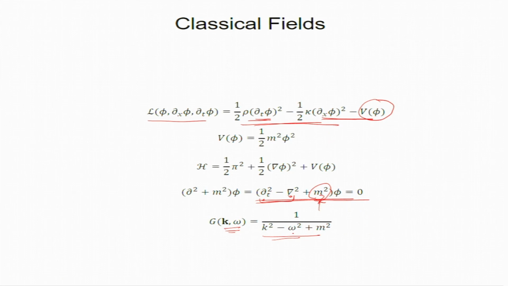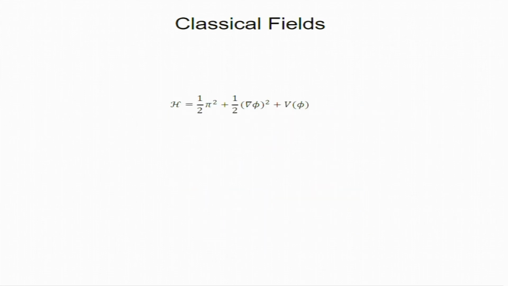Now, I am sure you can derive this from what I did. From the Hamiltonian, I can go to Fourier space. I already wrote the Green's function, but we can just recap. So, phi of x is written in terms of Fourier coefficients phi k.